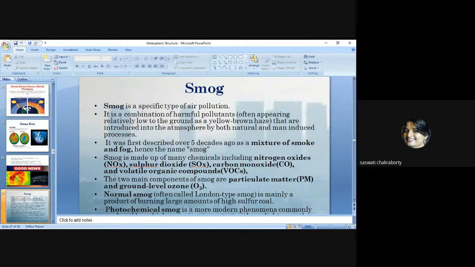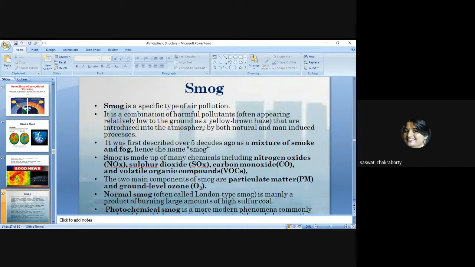It forms a brownish yellow haze over land surfaces where there is high population, in cities and metropolises, where automobiles are more numerous, and the smoke liberated from these vehicles combines with the fog and forms the smog.